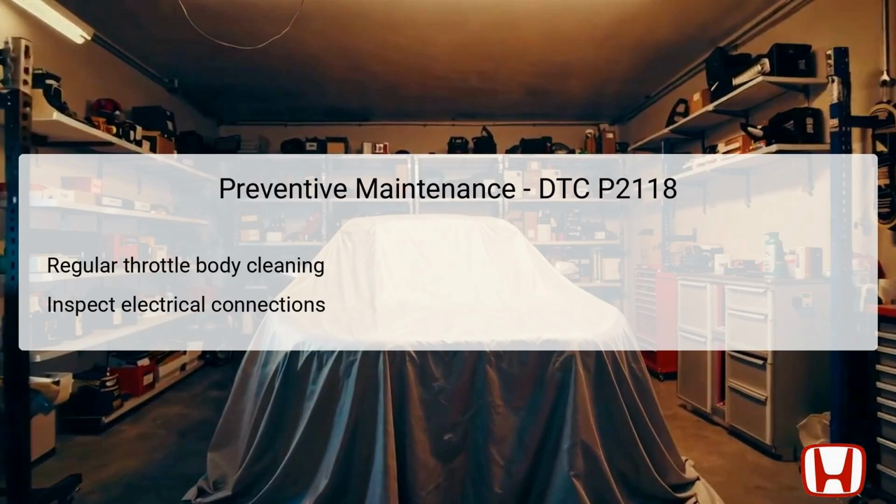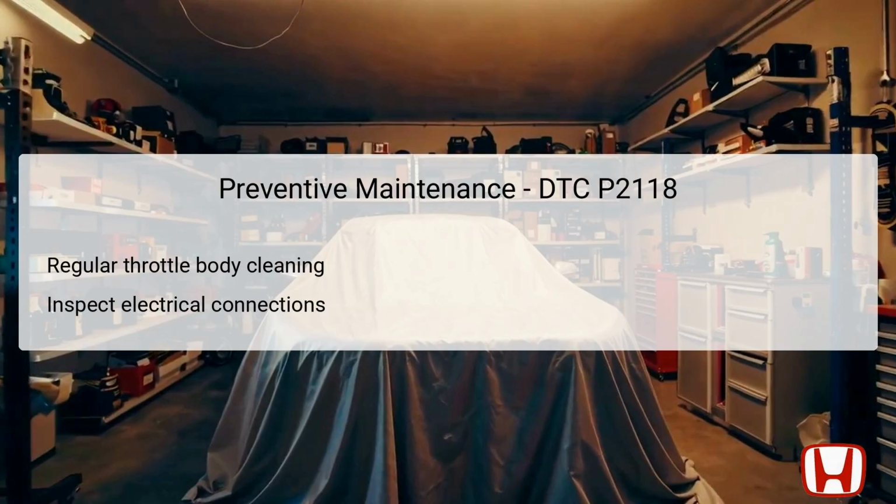If the check engine light does not illuminate again and the vehicle performs smoothly, this confirms that the repairs were successful. To prevent future occurrences of the DTC P2118 and maintain the longevity of the throttle control system, regular preventive maintenance is crucial. Conduct periodic cleaning of the throttle body to remove carbon buildup and debris that can interfere with its functionality.